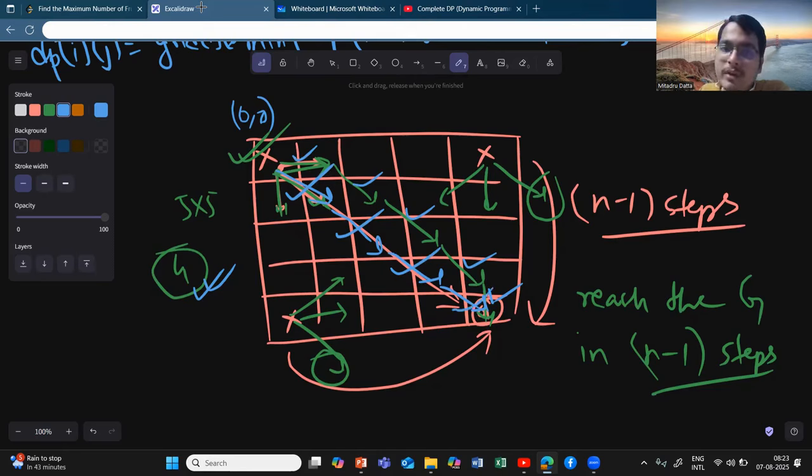So if the number of steps required to reach the end point from the starting point is n minus 1, and that is the maximum number of steps you can take, then it implies that you have only one choice. So this guy standing at 0 comma 0 has only one choice of reaching the end, and it will end up collecting all of the candies on the diagonal. I hope you understand this.